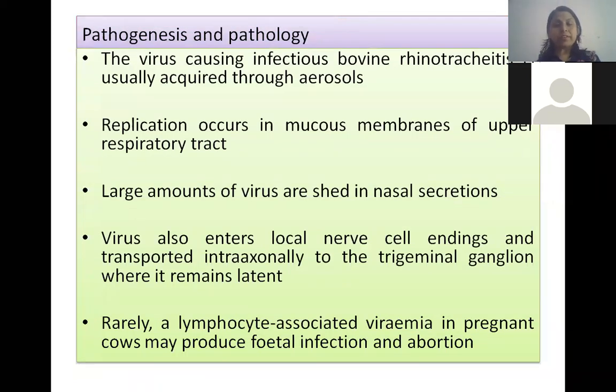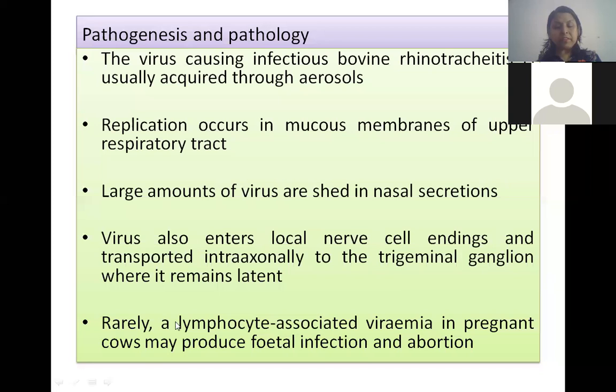Coming to the pathogenesis, the virus causing infectious bovine rhinotracheitis is generally acquired through aerosol, and its replication occurs on the mucous membrane of the upper respiratory tract, and viruses are shed in the nasal secretions. Viruses also go to the nerve endings of the trigeminal ganglion, where they become latent.